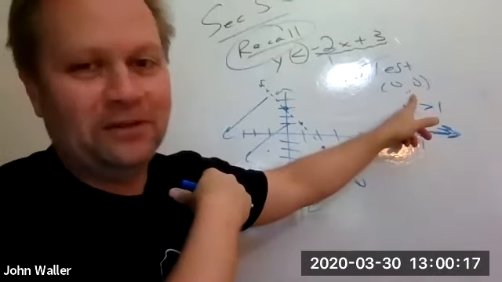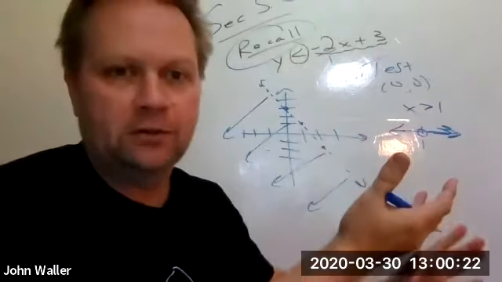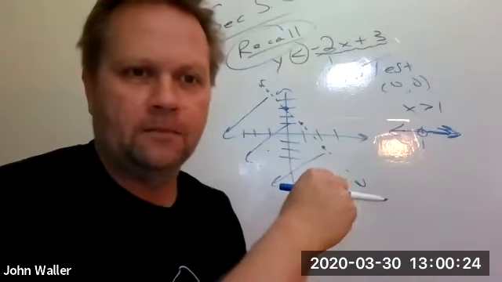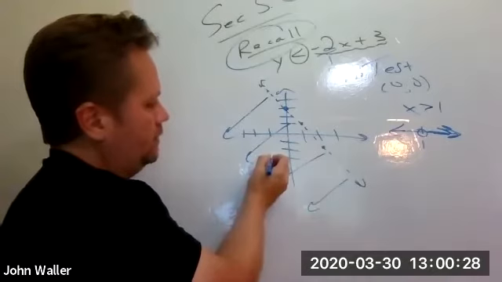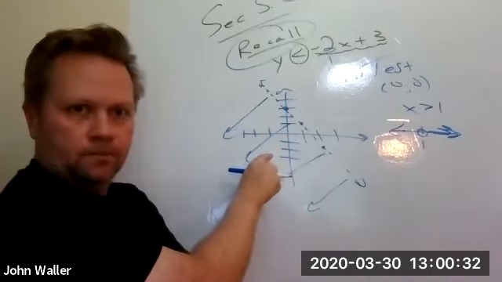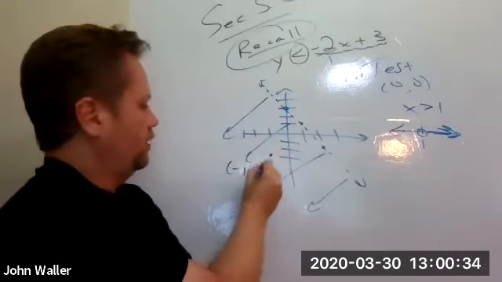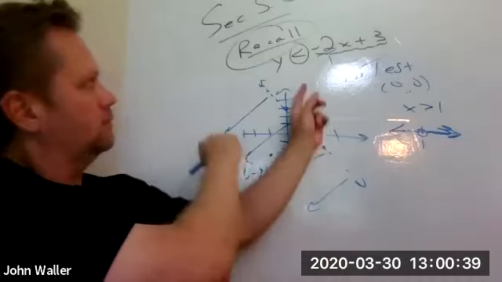The only reason that we use 0, 0 is because it's the easiest numbers to use. You with me? Let's pick a point. What point is this? This point is -1, -3. Is that cool? Plug those in.